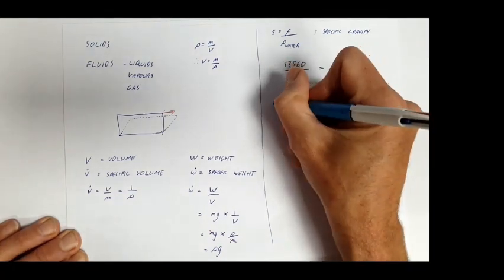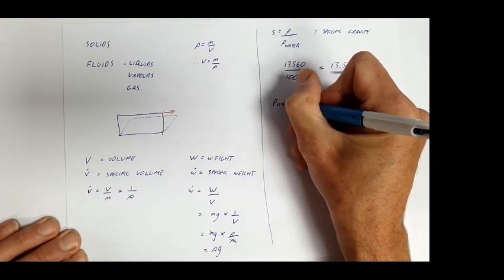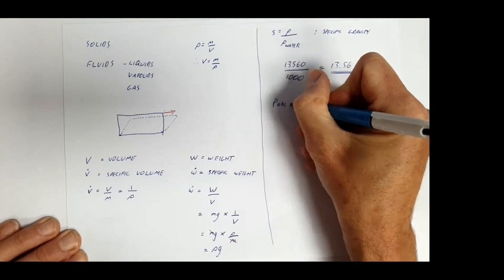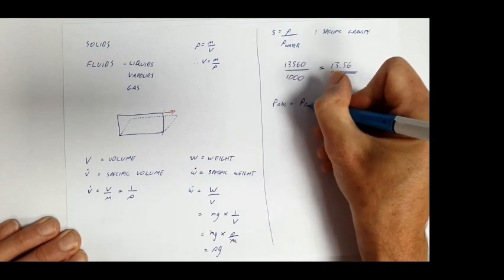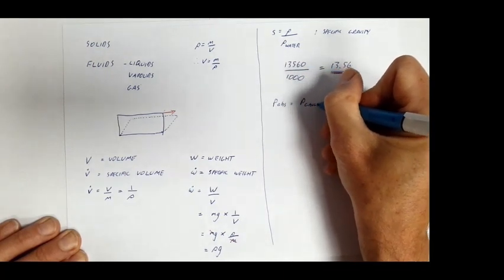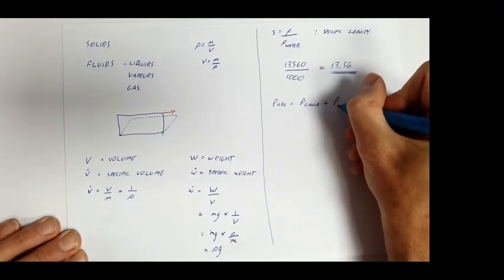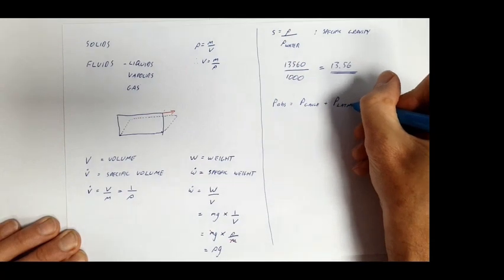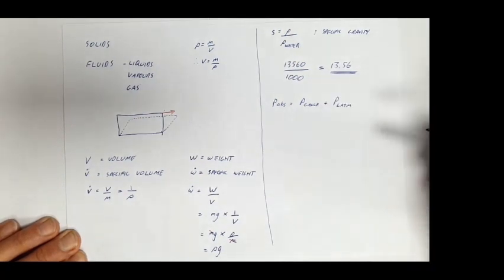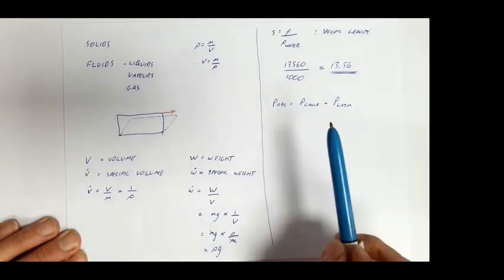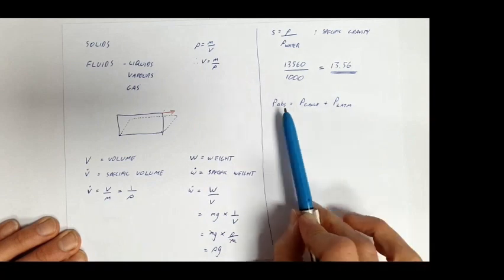So therefore, absolute pressure equals our gauge pressure plus the pressure of our local atmosphere. So when we're measuring the pressure of something, we need to define what we're measuring it relative to.